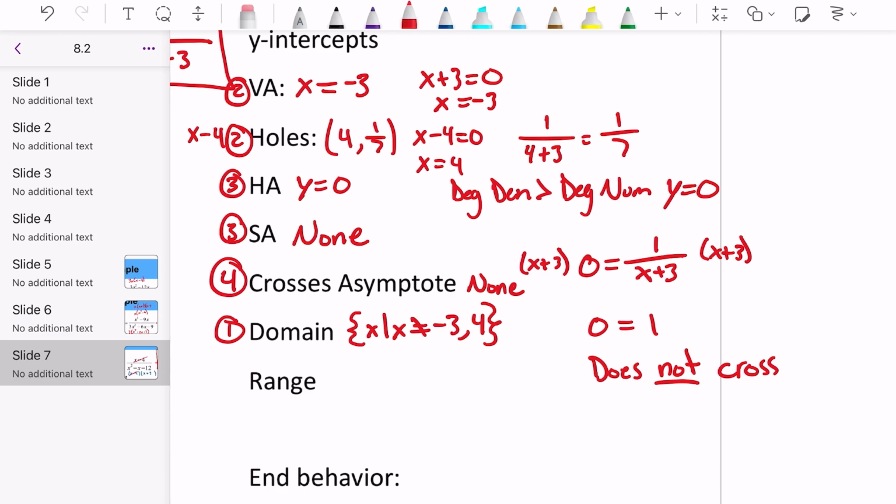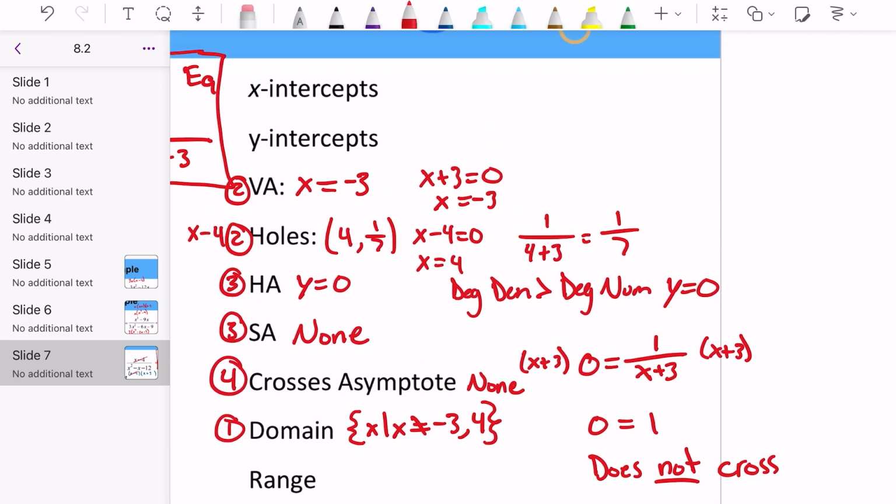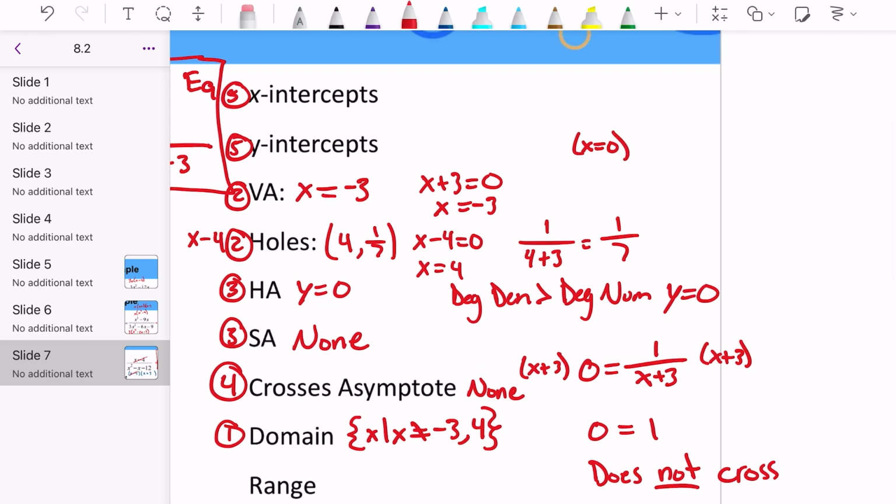Let's take a look at our next pieces. Our next pieces are going to be our x-intercept and y-intercept. Every time that we are working with the y-intercept, we know that we are plugging in x equaling 0. And every time that we are working with the x-intercept, y is equal to 0.